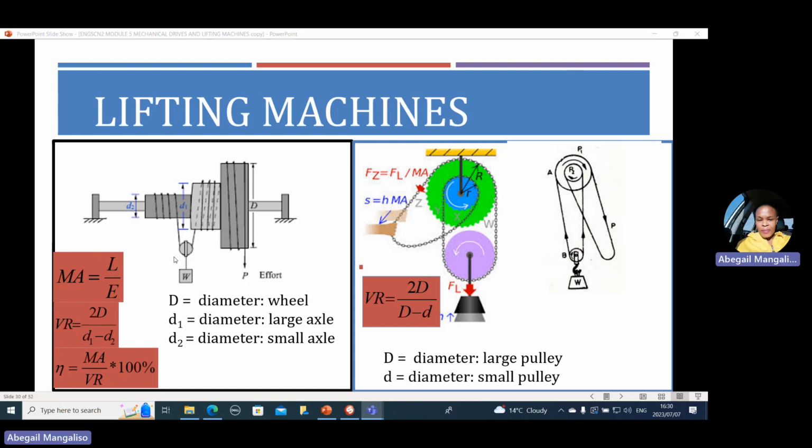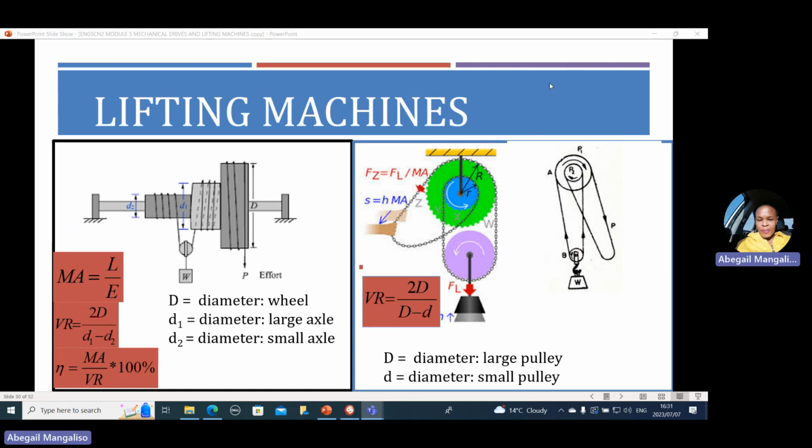Velocity ratio of this wheel and axle is 2D divided by D1, the larger axle diameter, minus D2, the diameter of the small axle. Efficiency is mechanical advantage over VR, multiplied by 100. You must be able to sketch it and do calculations.